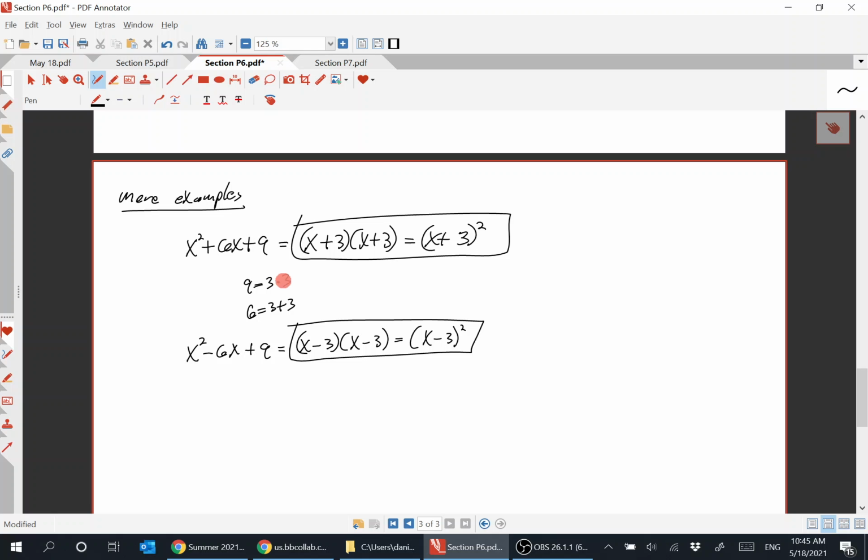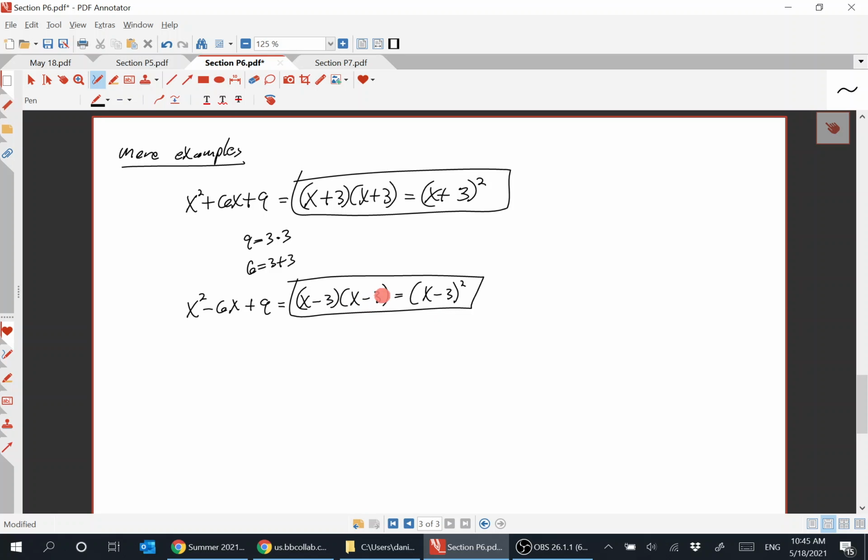Right? 9 is 3 times 3, 6 is 3 plus 3. Because this is positive and this is negative, you have these two different factorizations, x plus 3 squared and x minus 3 squared. Not that you have to have identical linear polynomials there, but you could also have different ones like in the previous example.